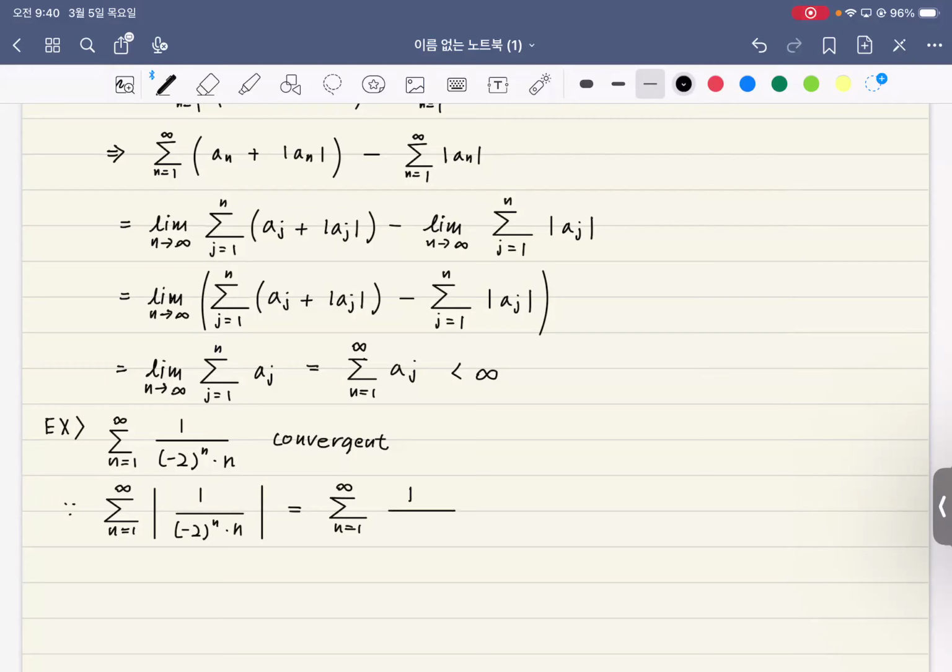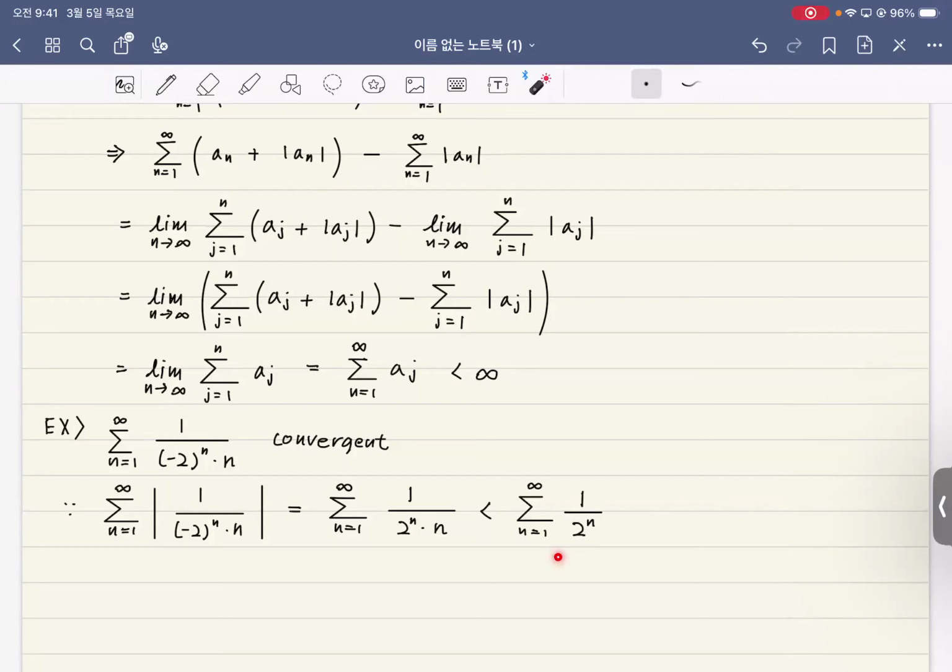Then this is 2 to the n times n. And I am pretty sure that this is also convergent, right? Why? Because this is clearly less than the sum from 1 to infinity of 1 over 2 to the n, right?